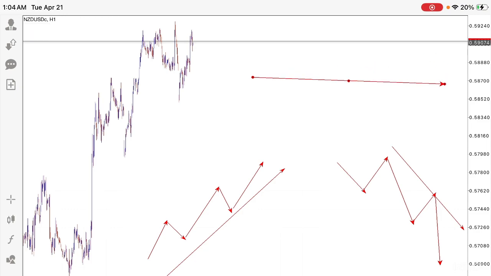All right? So as a trader, it's important for you to identify this. It helps you know what you want to do in the market that day, whether you want to buy, or you want to sell, or you want to scalp, or you just want to stay back and wait for the market to create a reasonable trend for you.